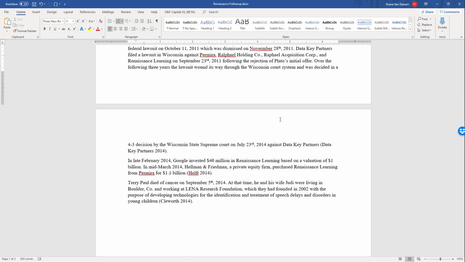In late February 2014, Google invested $40 million in Renaissance Learning based on a valuation of $1 billion. So now we've gone from a value of $455 million at the end of 2011 to $1 billion in 2014, just a couple years later.